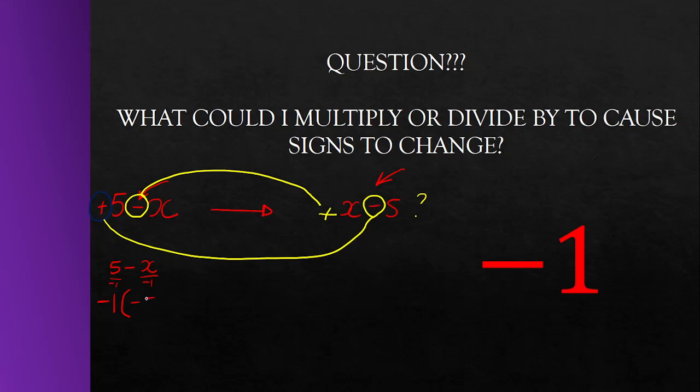This will now become a -5 and that will now become a plus x, and then we would have to rearrange it. X minus 5, and that is how we get this x minus 5. So taking out a -1 as a common factor is how we apply a sign change, and the reason why we have to do this is so that we can put the variable first.